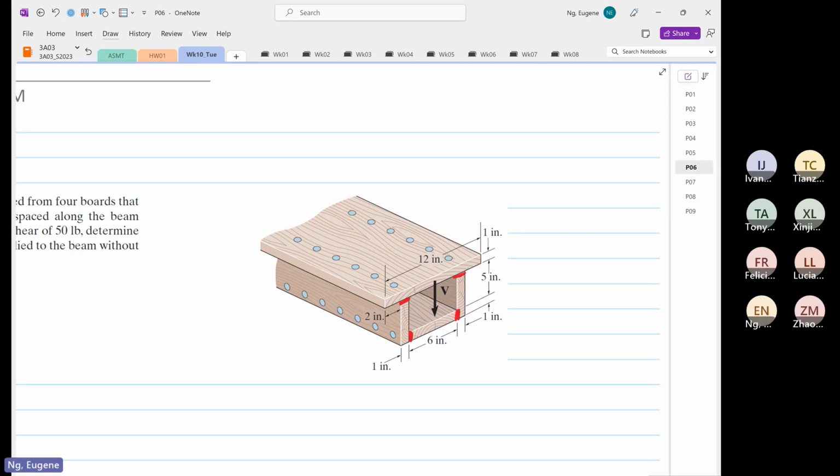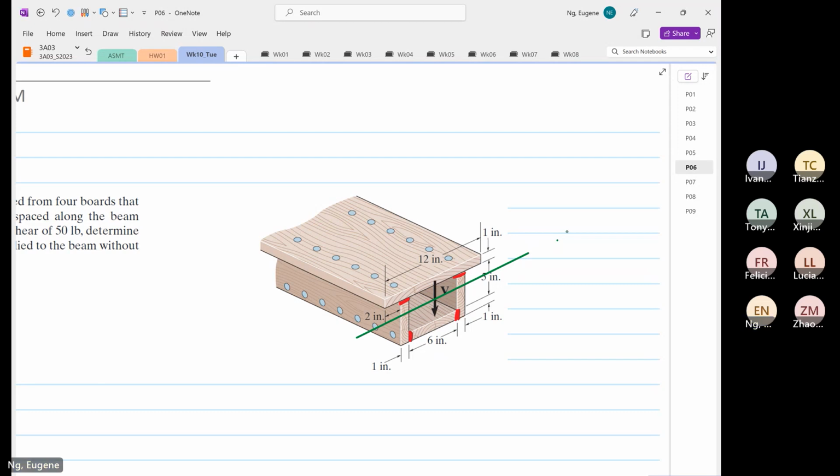Yes or no? So we know for a fact that the centroid will be somewhere around here. So this is the position of the centroid. We need to find the first moment of area.